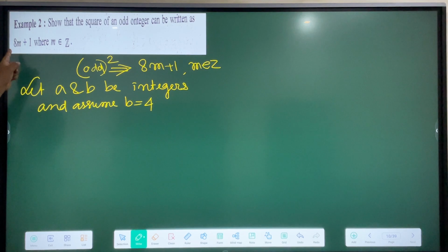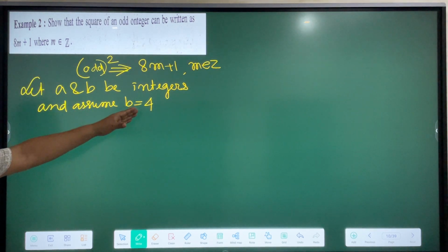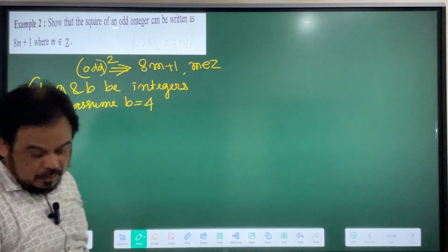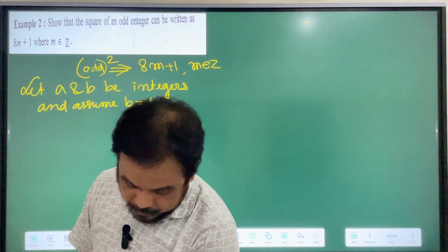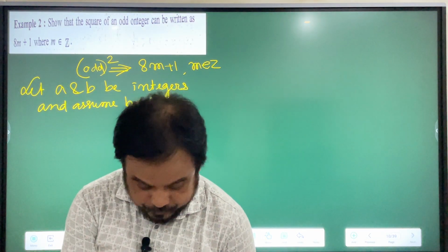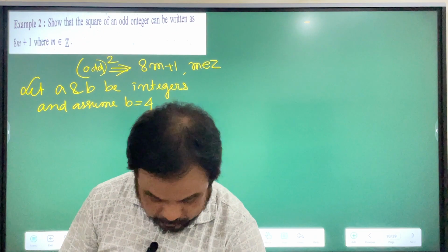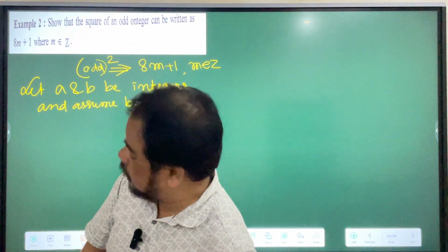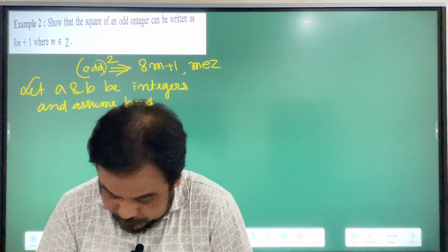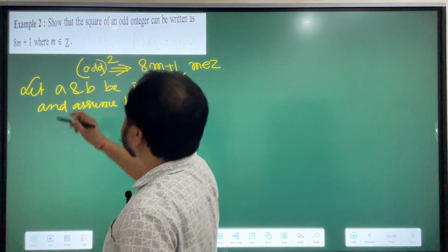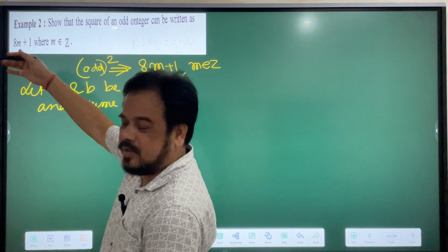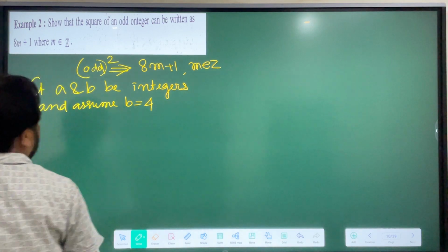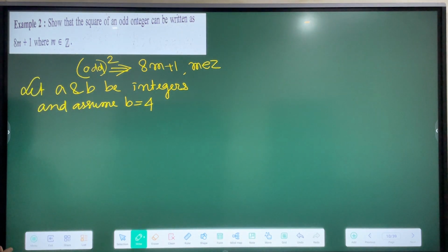So whenever you get 8, we will take 4 only. Example number 2, yes, 4 is taken. So 4 is related to 8, 8 is divisible by 4. So 4 is taken. Now the rest is all the same.